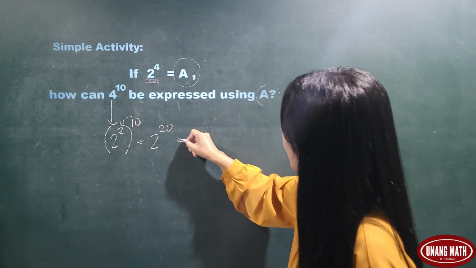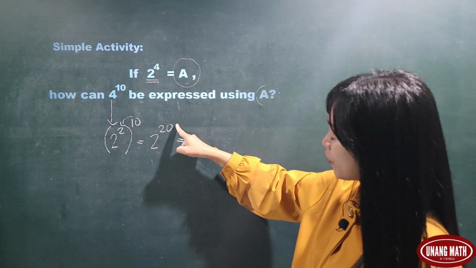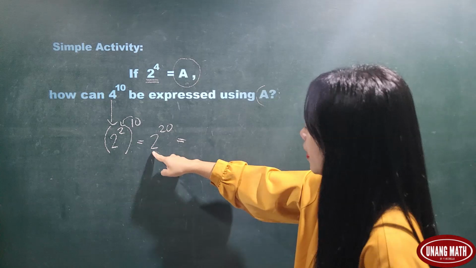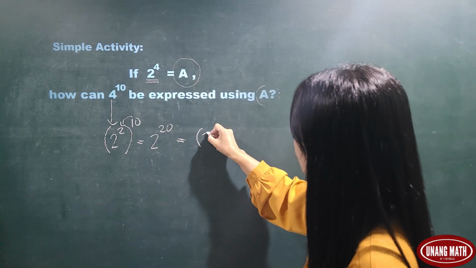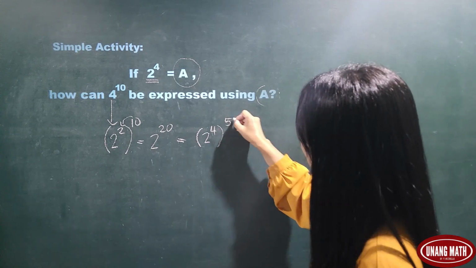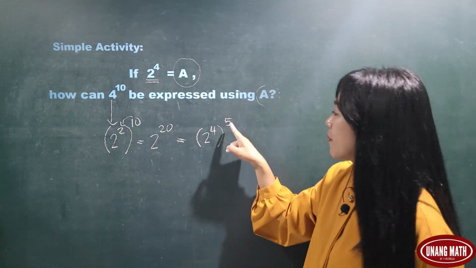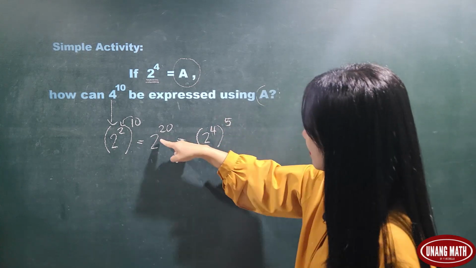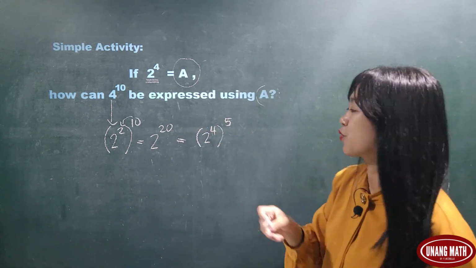Okay, take note, 2 raised to the power of 20 can be written in many ways. Okay, this can be written as 2 raised to the power of 4 inside the parentheses and raise it to the power of 5. So if you multiply the exponents, then this is just equal to 2 raised to the power of 20.